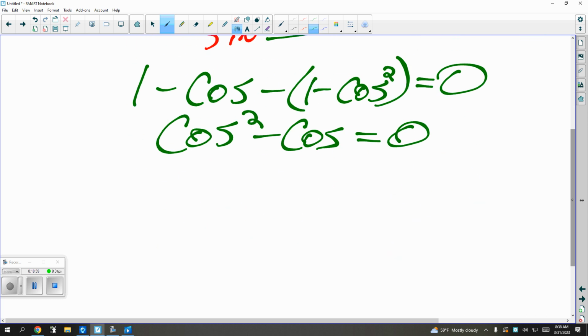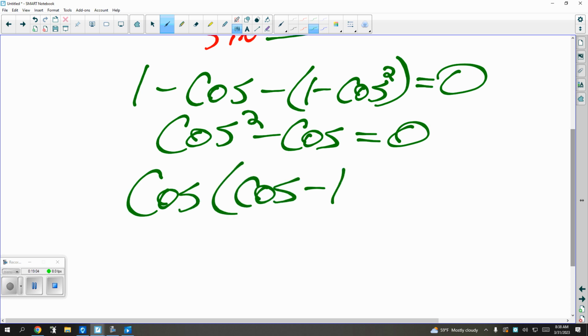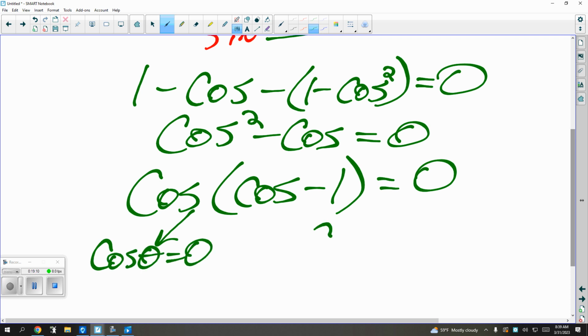So cosine, and then cosine minus 1 equals 0, and then split it up. Cosine theta equals 0. Cosine theta equals 1. And then just look on your note card for 0 and 1.